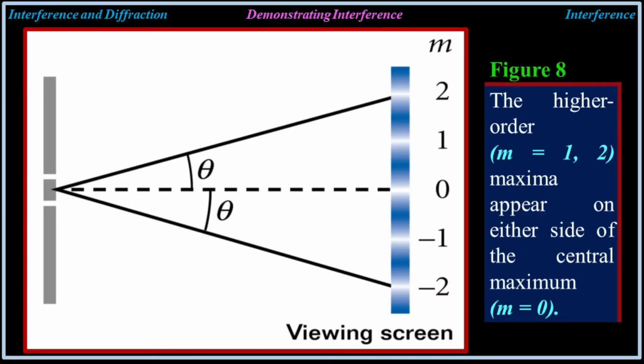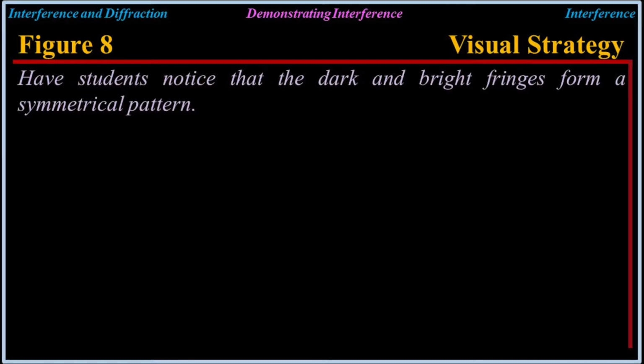The higher order maxima, m equals 1, 2, etc., appear on either side of the central maximum, m equals 0. And these are very small angles, by the way, so it's difficult to make a drawing of them.